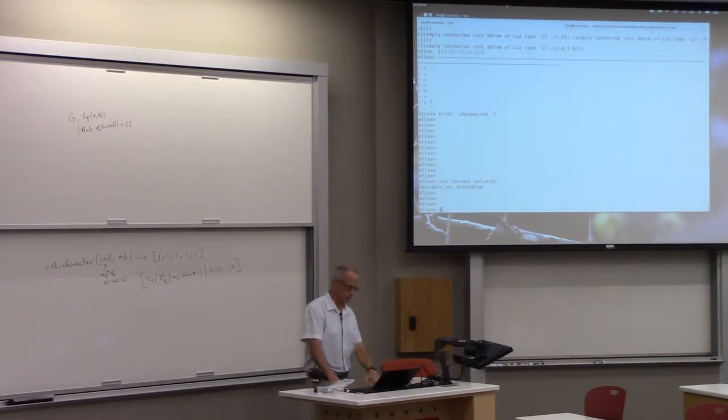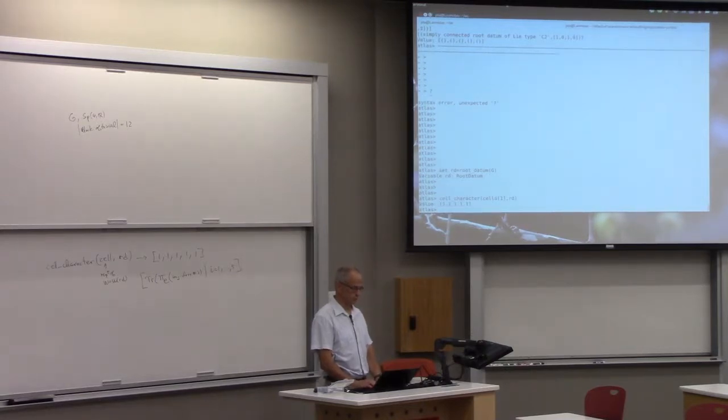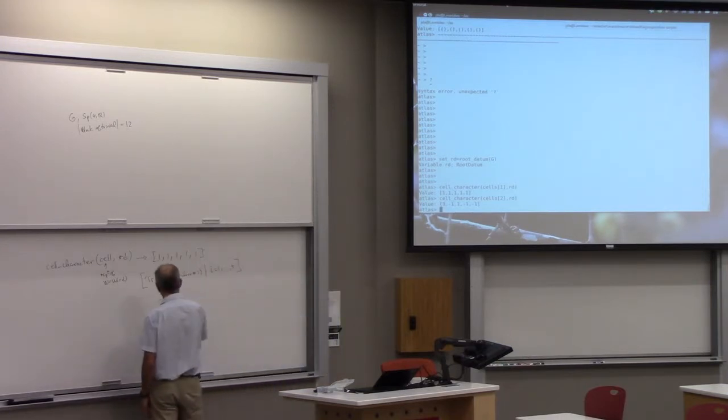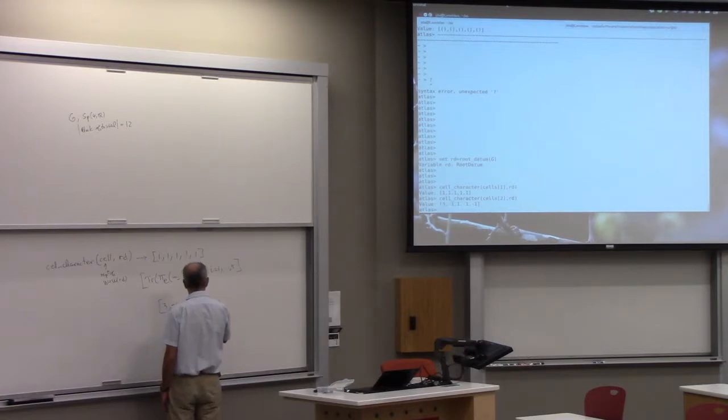Let me work with the root datum just because it might be slightly less confusing. So let's look at the cell character of cells bracket 1. That's also trivial. Cell bracket 2 is this one: 3, -1, 1, -1, -1.